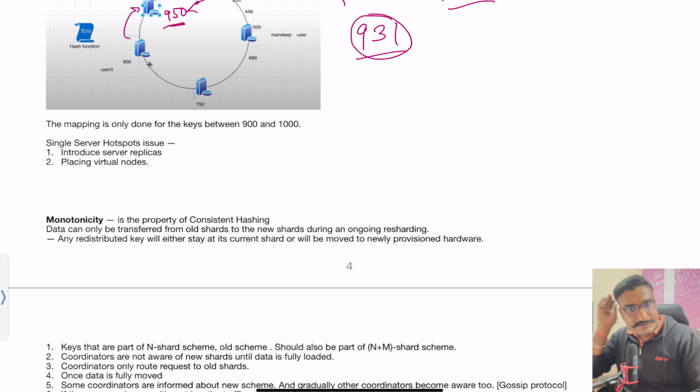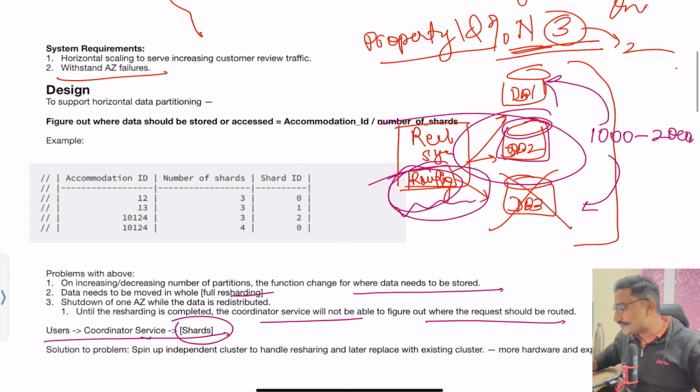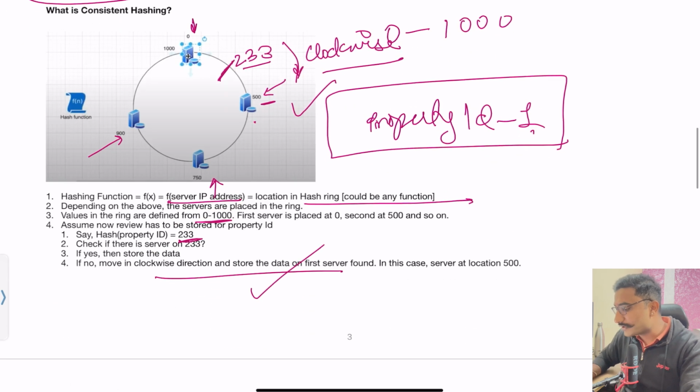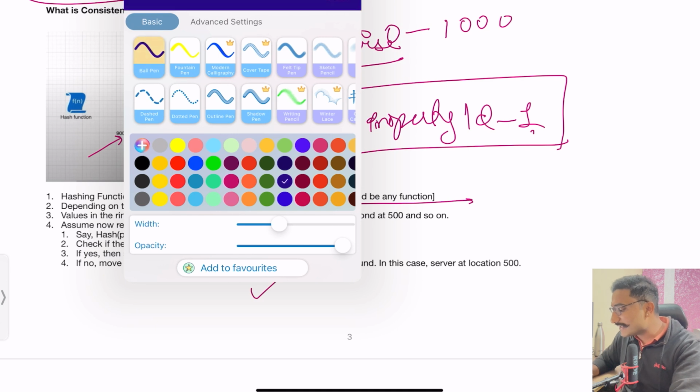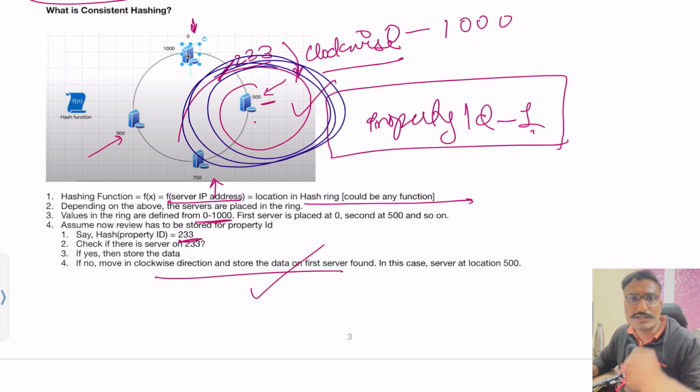Now there is one problem. This problem can arise both in a consistent hashing ring as well as your normal sequence ring in which you are maintaining these servers. One problem which can arise is hotspot issues. Let's say there are multiple keys stored on this single server. Then this particular DB instance becomes a hotspot.